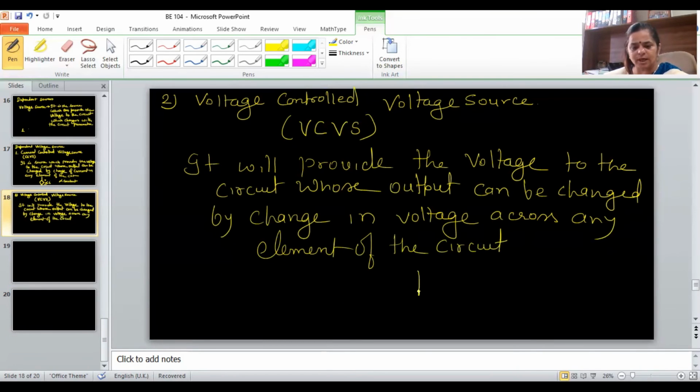And it is represented again by the square symbol with plus minus, alpha into V. So this is the symbol for a voltage controlled voltage source.